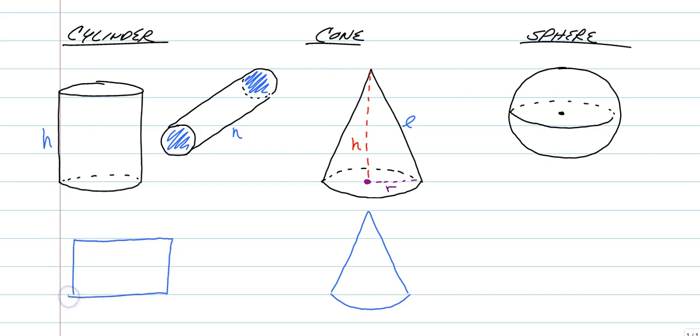And when you unroll it, you have a rectangle, which would be the height. Now this would be the circumference. The width of your rectangle once you undid it would be the circumference of your cylinder. And finally, last but not least, we have the sphere. The only thing you're going to need for a sphere is the radius, and we're going to work with all of that a little later as well.